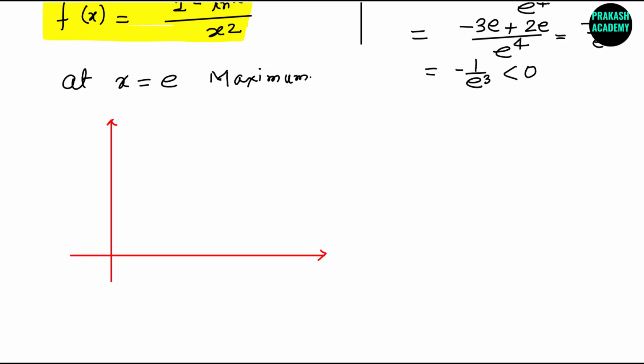So at x equals to e, so let us consider this point, that is x is equals to e, that is 2.71. You have maxima, somewhere here is the maxima, and then on both sides this function will decrease. Basically this function goes like this. So for the time being, at this point you have maxima.